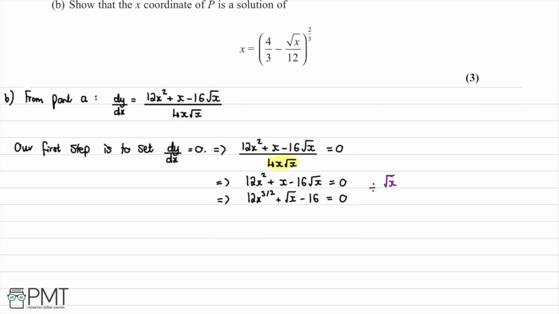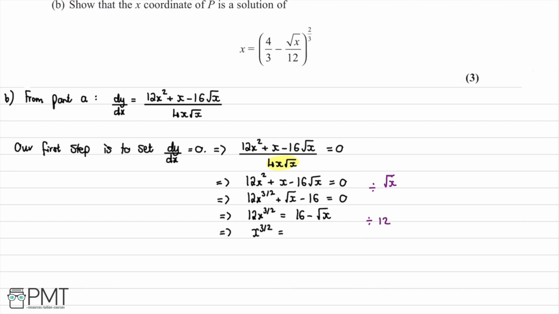So we're going to start to rearrange. We're going to have 12x to the power of 3 over 2, isolating that term on that side. Then we add 16 to both sides and subtract the square root of x. Now we can take one step further to isolate this x term by dividing both sides by 12. So I'll just note that down here: divide both sides by 12.